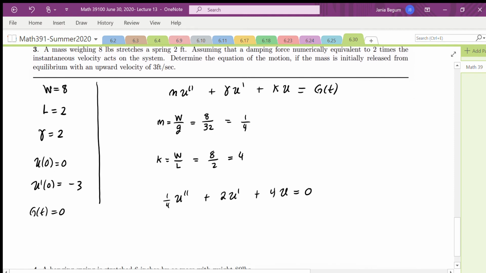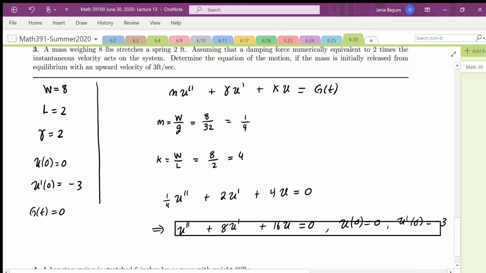Then I'm going to multiply both sides by 4 so that we have u double prime plus 8u prime plus 16u equals 0, along with u of 0 is 0 and u prime of 0 is -3. So that's the setup for this problem.